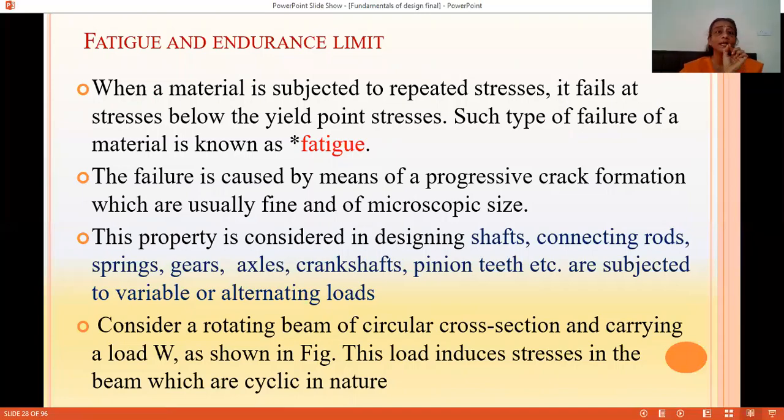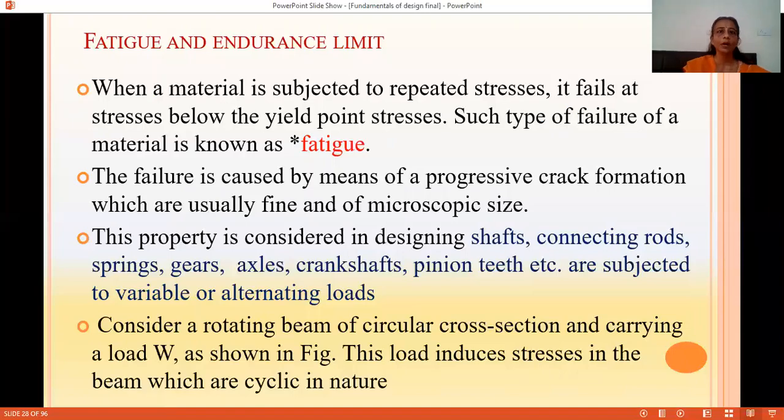One significant point about fatigue is that it starts from a fine, or you can say minute, crack formation. The crack will be of very small size, and then later on that crack will propagate and finally the component fails.